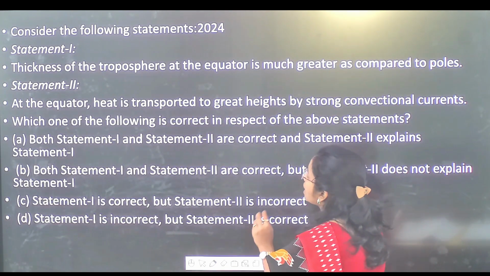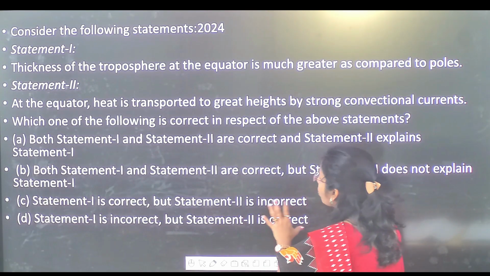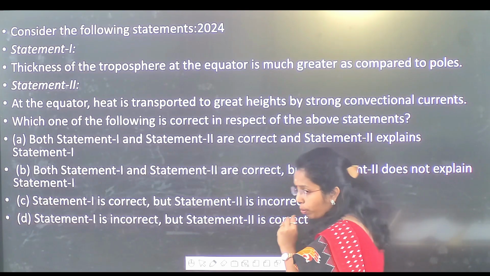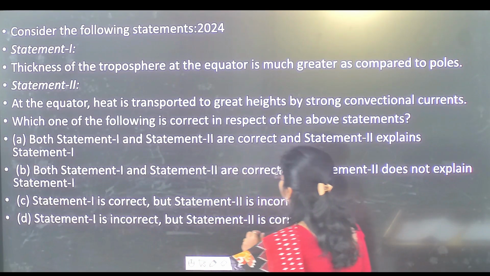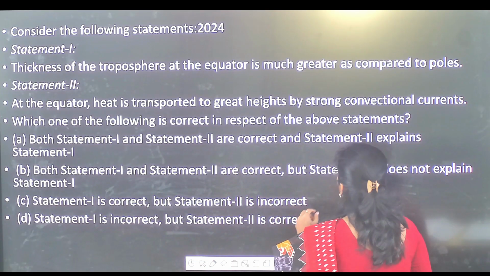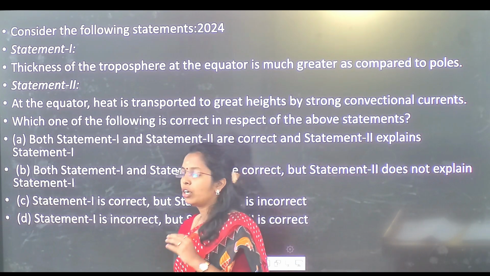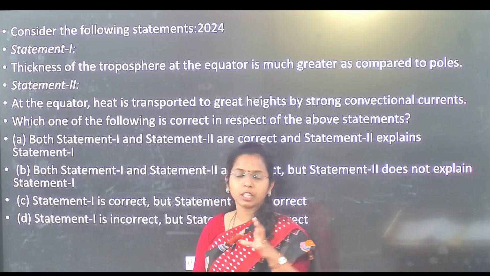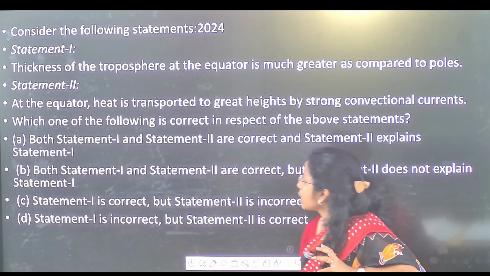Next, 2024 question. Statement 1: Thickness of the troposphere at the equator is much greater as compared to poles. Statement 2: At the equator, heat is transported to great heights by strong convectional currents. They are asking about troposphere and strong convection and the difference between the troposphere layer at the equator and poles. We have seen this in earlier sessions.